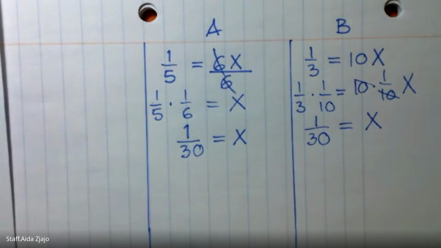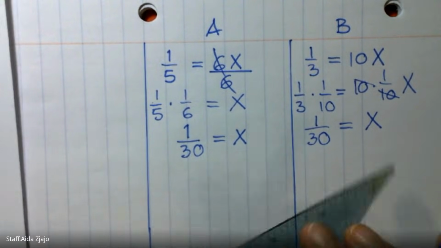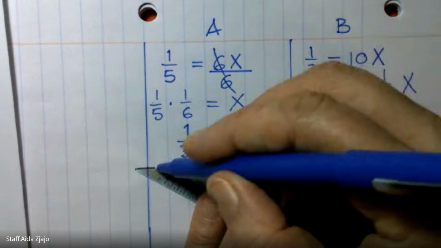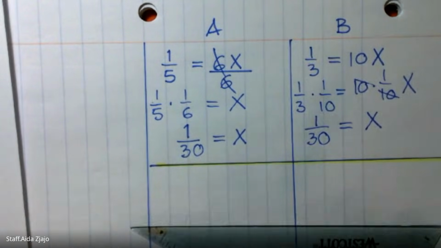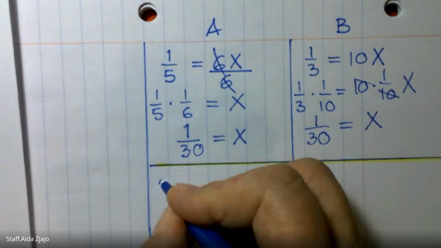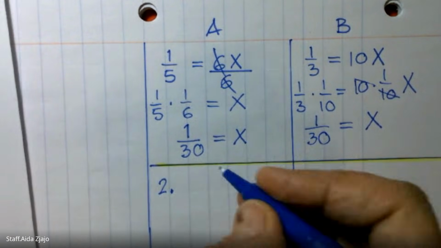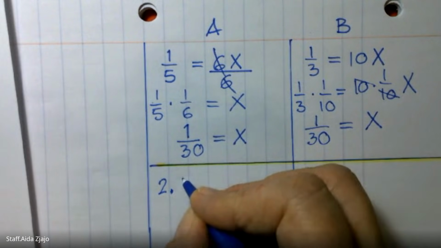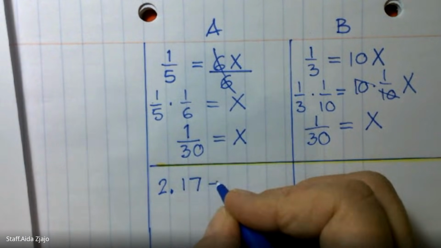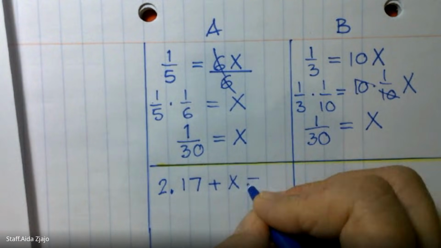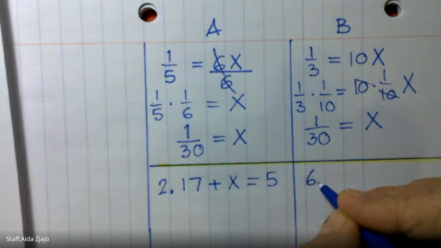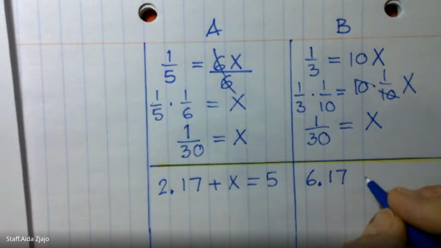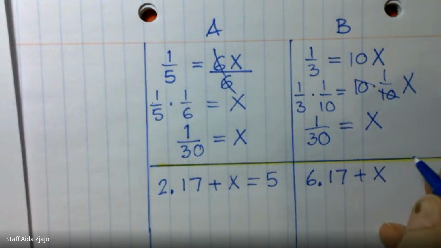Next one is decline, right? 2 and 1700 plus x must equal 5, and 6 and 1700 plus x must equal 9.